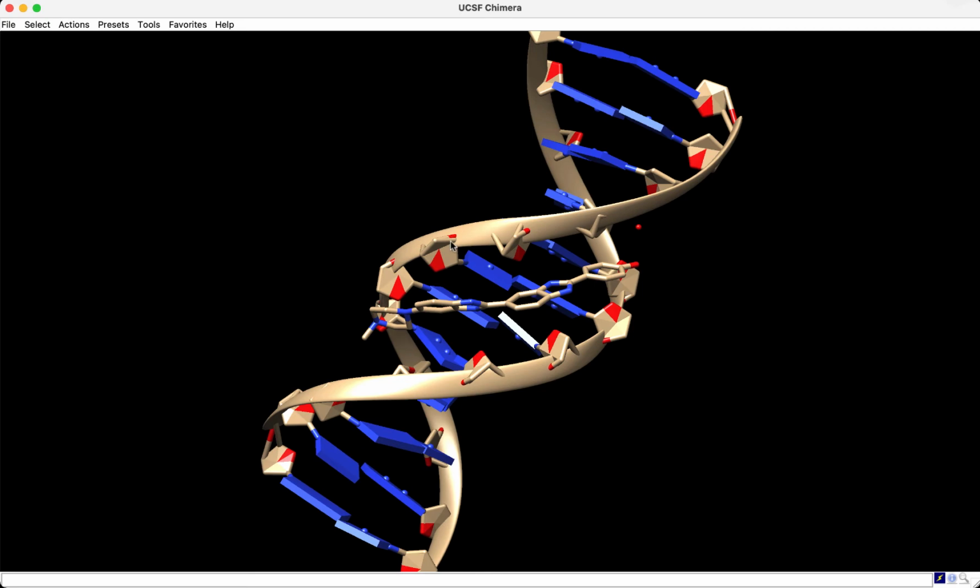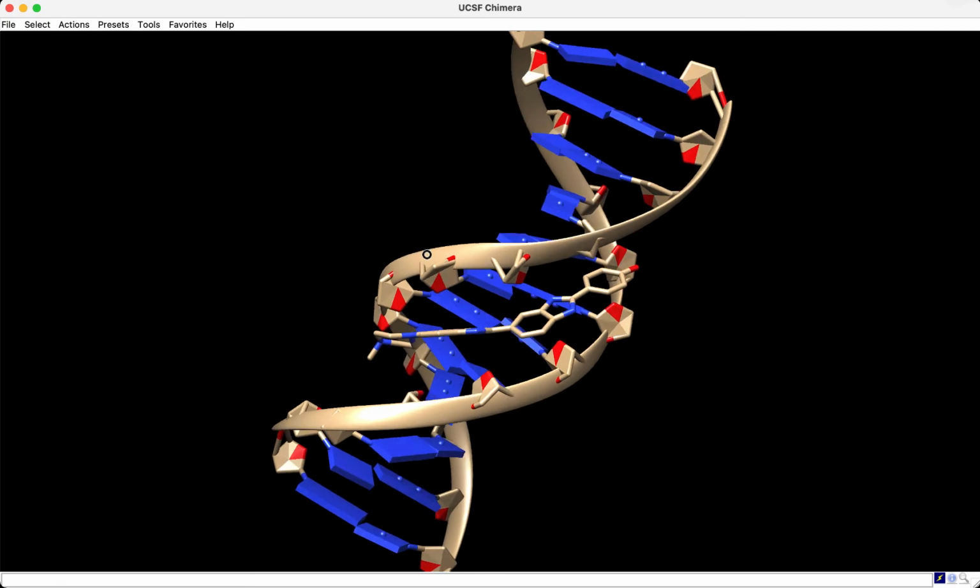Hopefully I will remember. Now what I have here, I'm using a program from UCSF, the University of California, San Francisco. The program is called UCSF Chimera. One of the computational research groups there has developed this tool that you can use to visualize molecules.